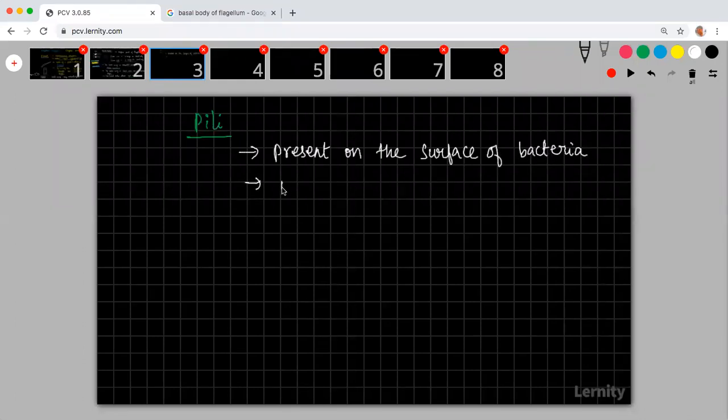It is not used for movement. It is shorter than flagella, thinner than flagella.